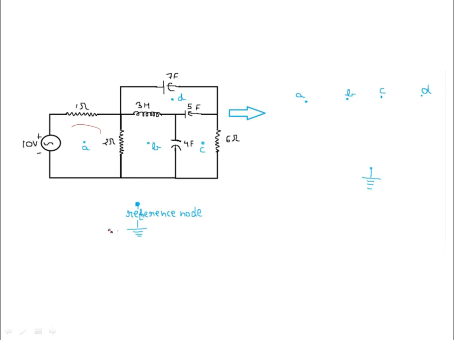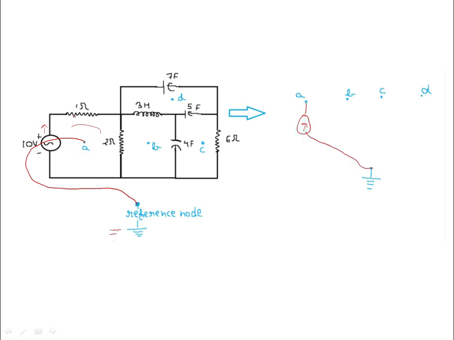Then I have made this reference node here. Now we are going to join each node. So now we have joined this A to the reference node. Therefore, this voltage source will become a current source. See this. Since the voltage polarity is plus here, current will be flowing here. Therefore, I have applied the current source in this direction.